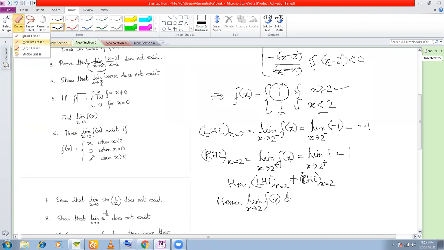The limit as x tends to 2 of mod(x minus 2) by (x minus 2), because that was the given function, does not exist. So that's what you have to prove. And so this is proved.